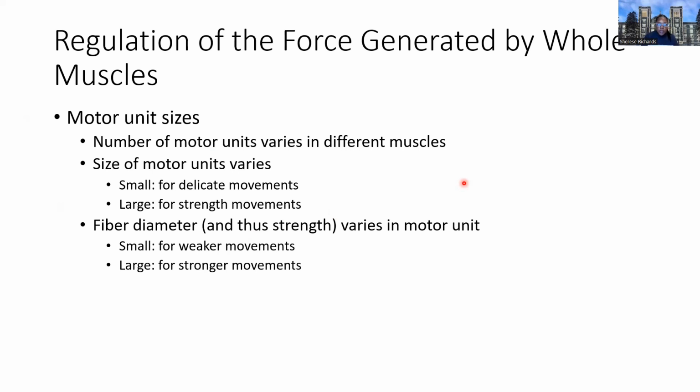So small for delicate movements, small motor unit size, small fiber diameter, which will produce weaker movements as well, versus large muscles for strength, which will be associated with larger motor units and larger fiber diameters, also for muscles that are going to give stronger contractions for more powerful movements, right? So everything small and then everything large. So we have this sort of spectrum of contractions and motor unit sizes.